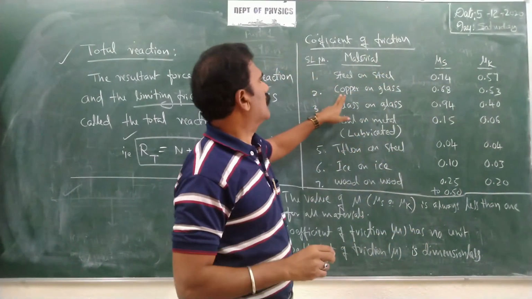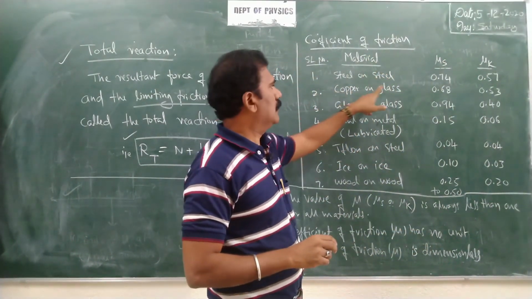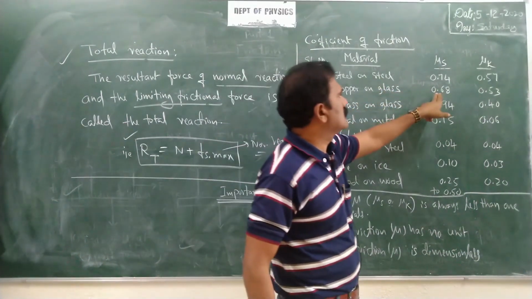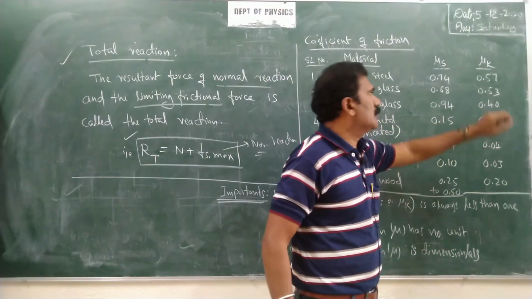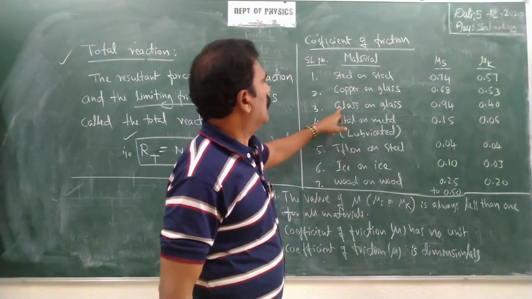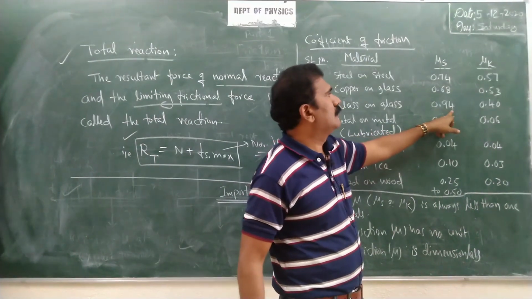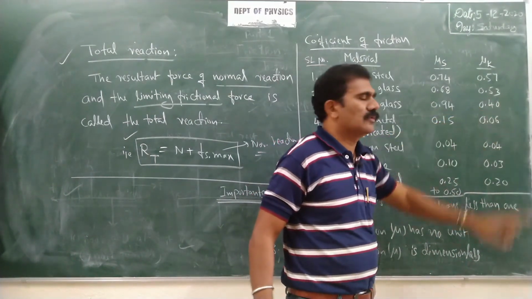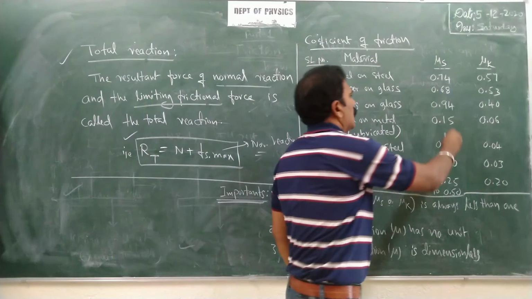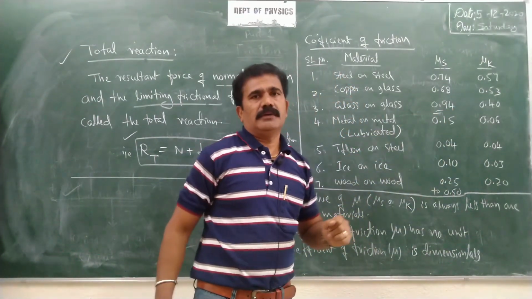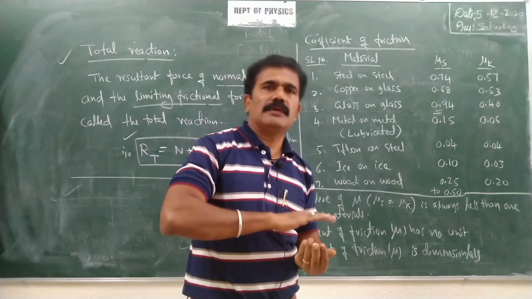Similarly, copper, a metal, kept on a glass surface. It is observed that μs is 0.68, μk is 0.53. Glass on glass: the value of μs is 0.94, μk is equal to 0.40. Particularly this is a greater value. Why? You think that glass is a very smooth surface.